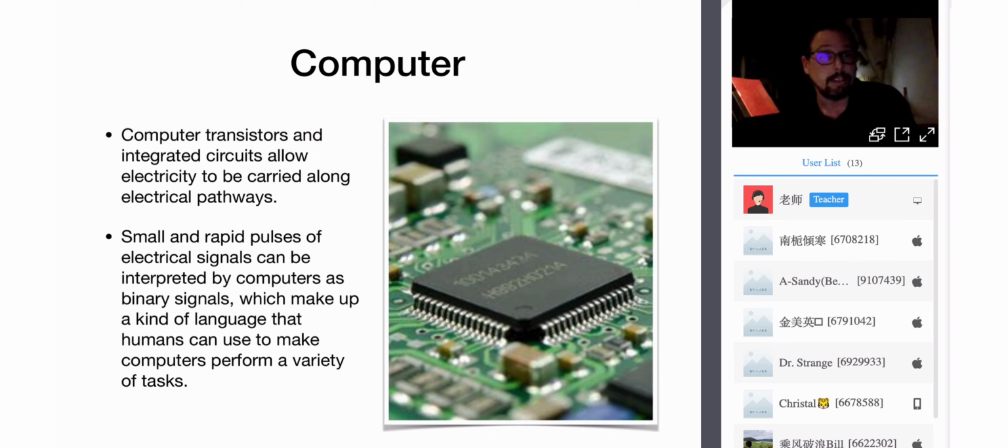Computer transistors and integrated circuits allow electricity to be carried along electrical pathways. Small rapid pulses of electrical signals can be interpreted by computers as binary signals, which make up a kind of language that humans can use to make computers perform a wide variety of tasks. And if that's all gibberish to you, don't worry. I'll have the notes available later, and I have a video which can illustrate it for you.